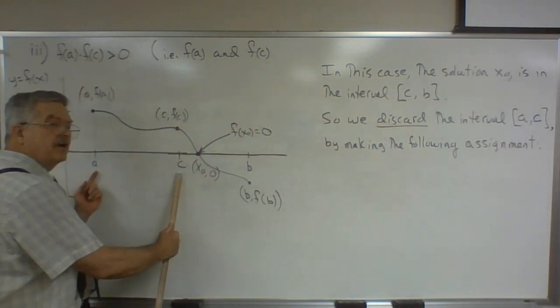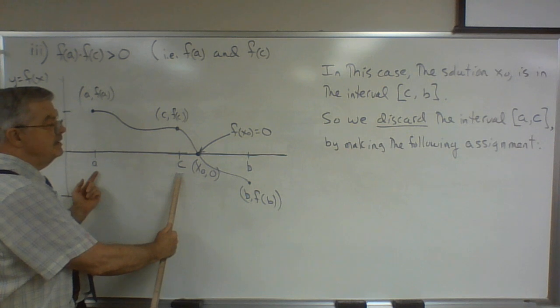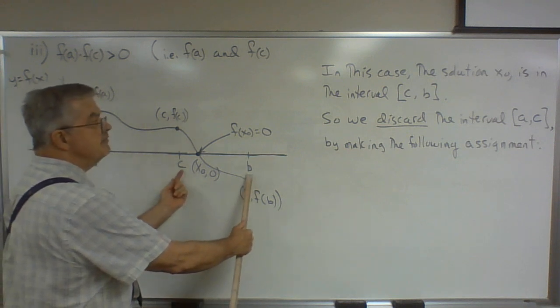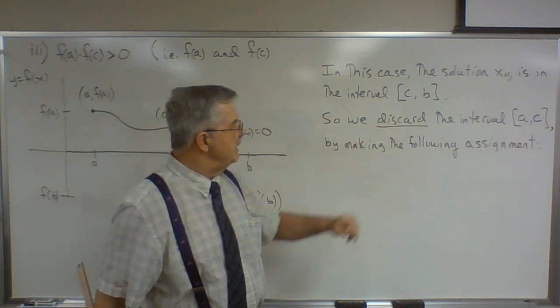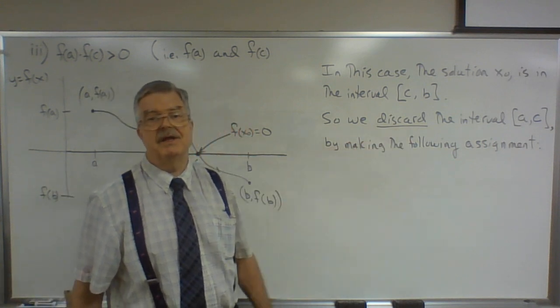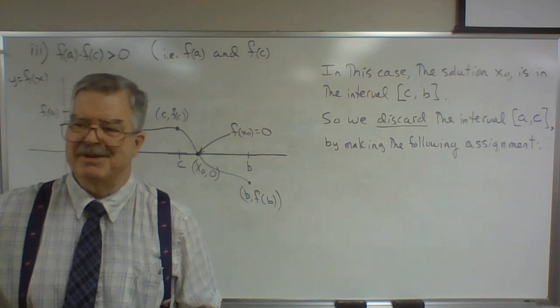This interval right here, we throw it away, we don't need it because the solution is in the interval from C to B. So we discard the interval AC by making the following clever assignment.